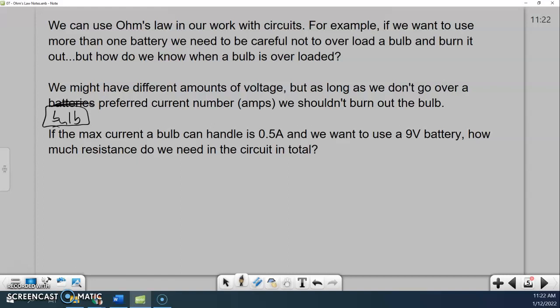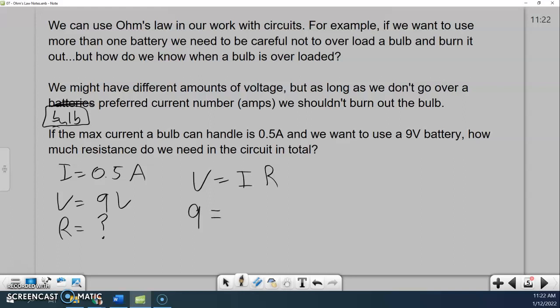So if the max current a bulb can handle says it works best at 0.5 amps, and we want to use a 9-volt battery, how much resistance do we need in total on that circuit? So the more resistance I put in, the slower the current would move. So I've got to find my resistance. Voltage is 9.